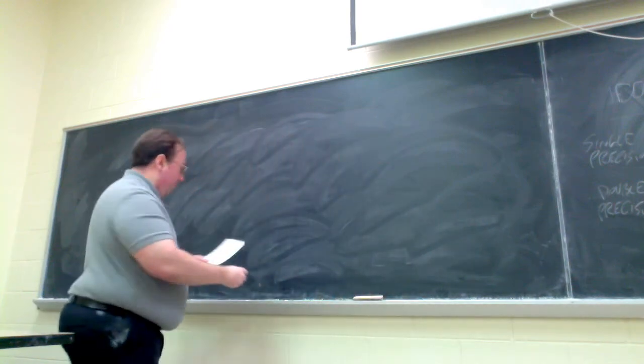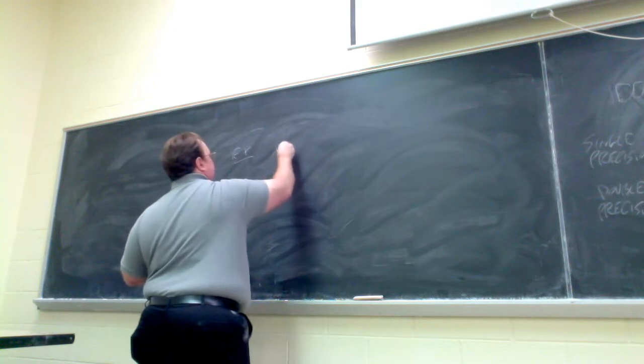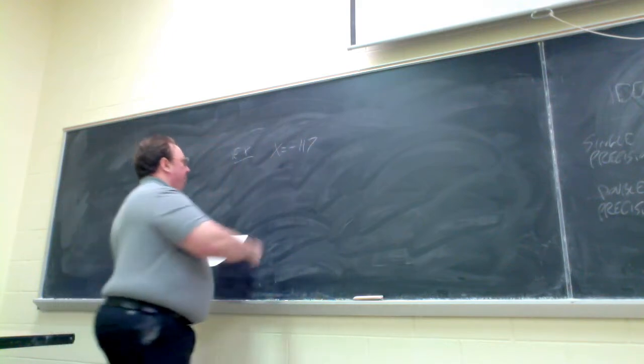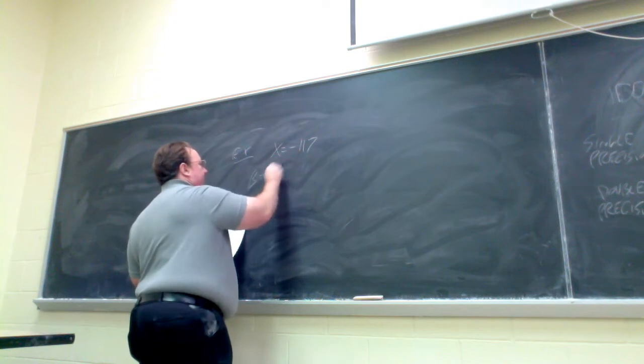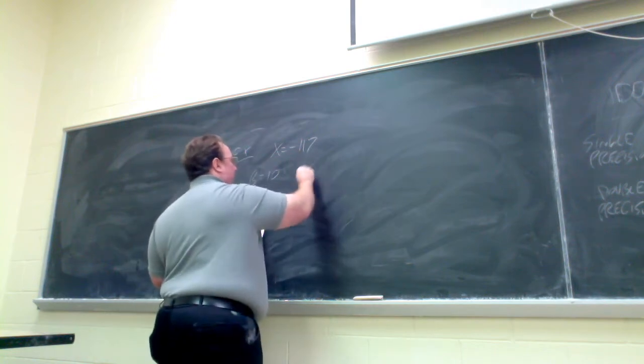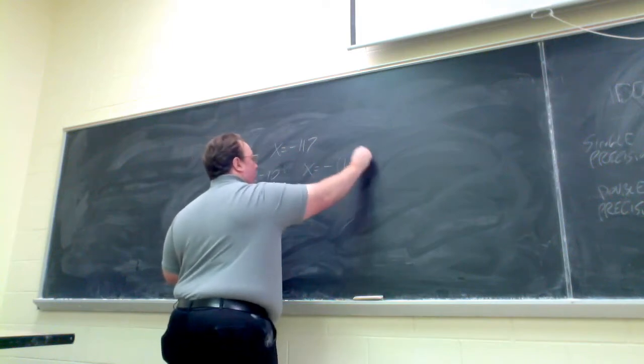Let x be minus 117. If you're using a floating point system with base 10, you represent it as x equals minus, your mantissa is 1.17.